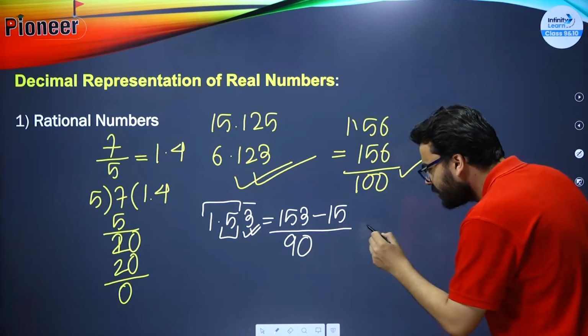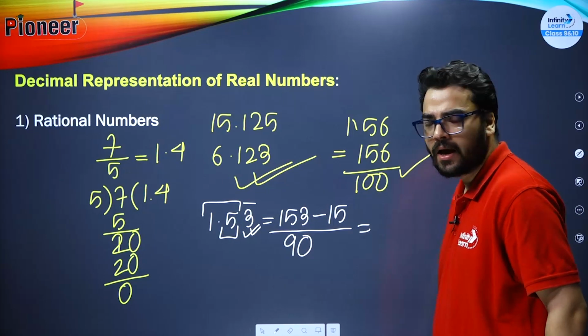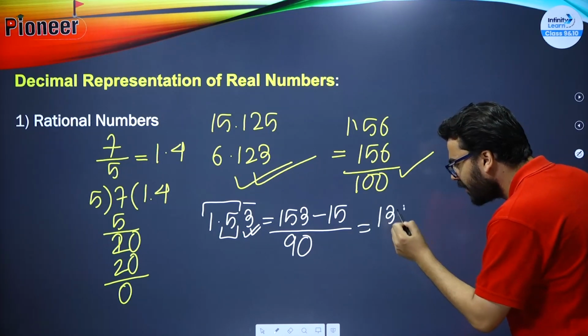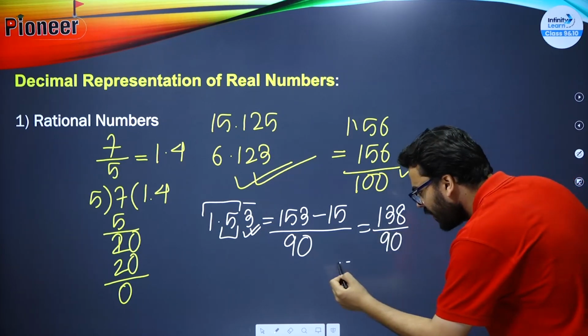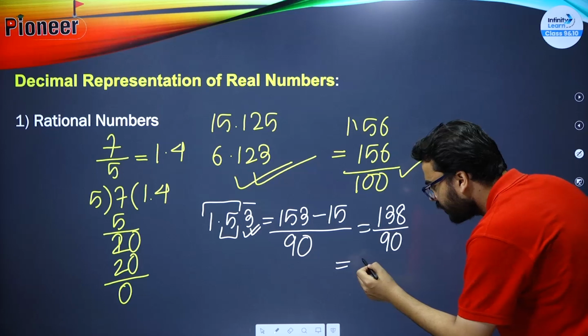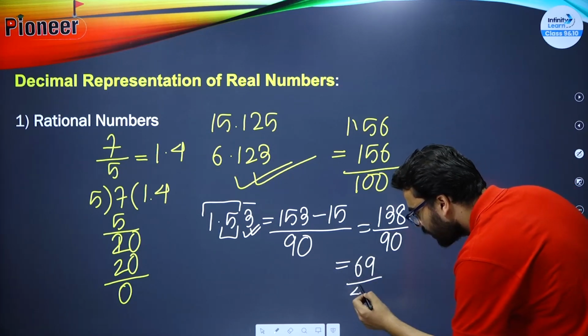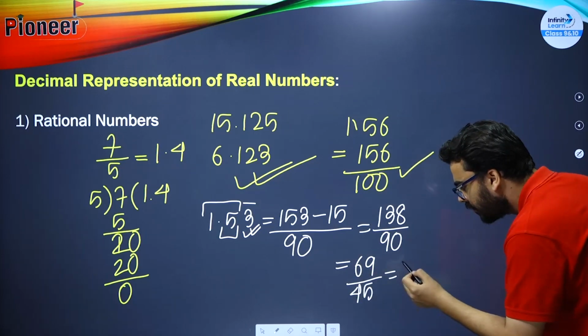Now I can further simplify this. You can see 153 minus 15 will be what? That will be 138, right? That will be 138 divided by 90. And obviously you can further simplify. So you see, I think it is further simplifiable.